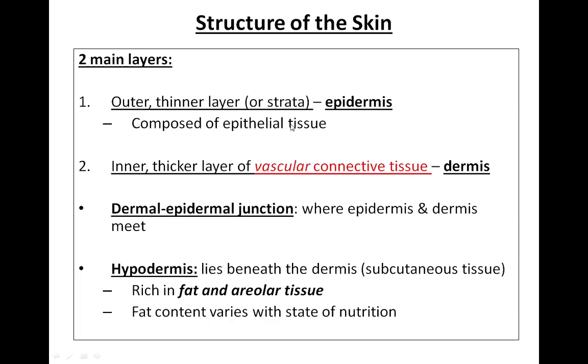This is keratinized, stratified squamous epithelium. Then the inner layer is the dermis, which is comparatively thicker than the epidermis, vascular, and having nerves also. So vascular connective tissue is called dermis.